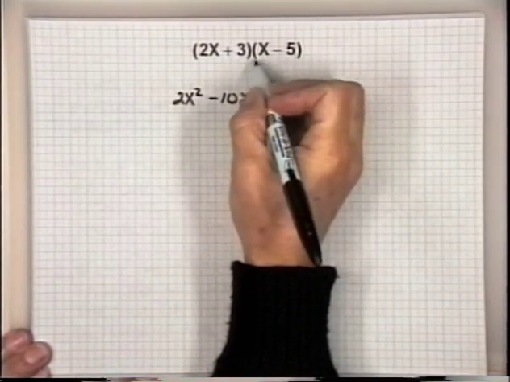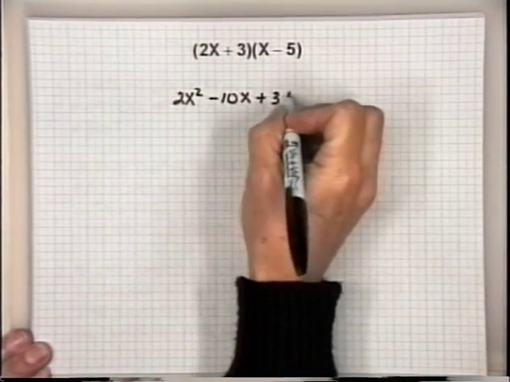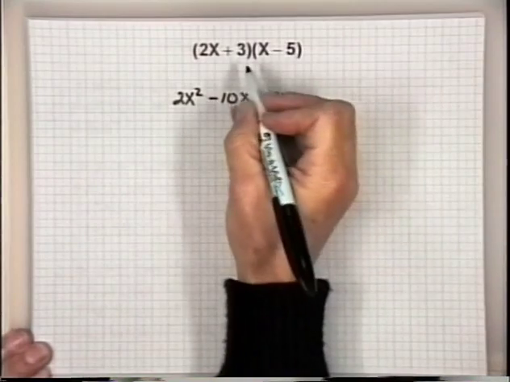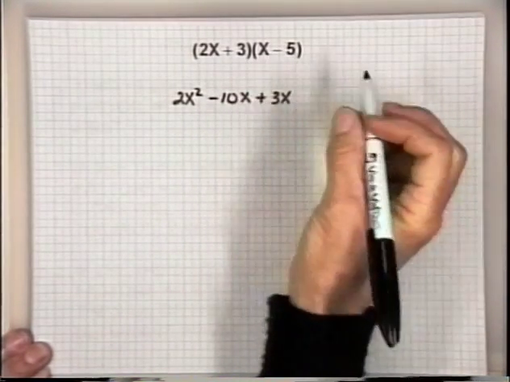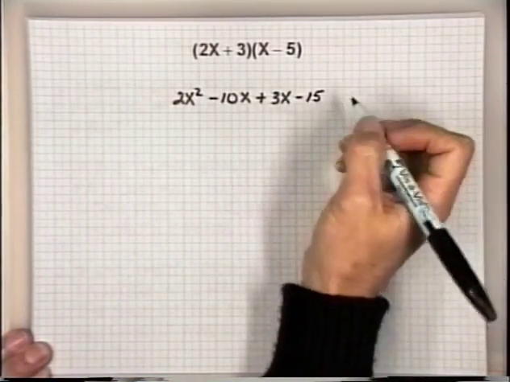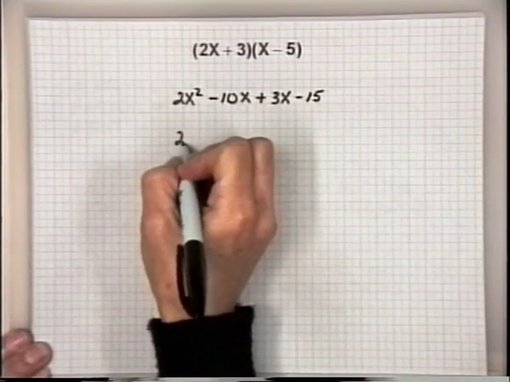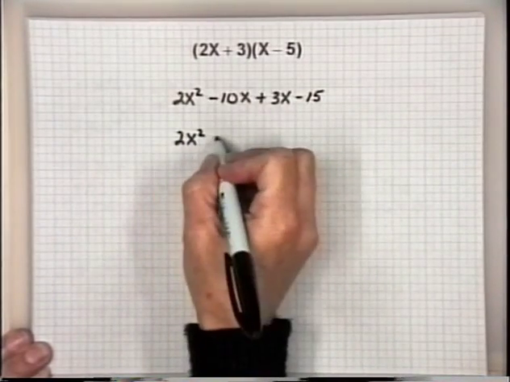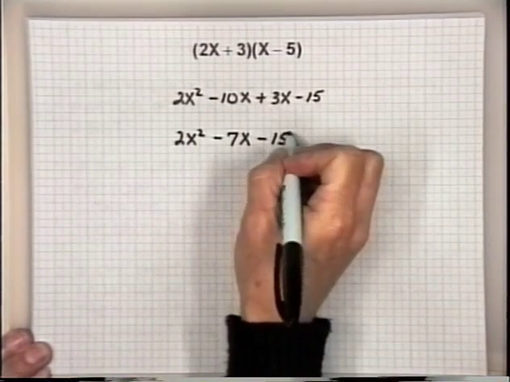For the inside terms, we have a positive 3x. And then L for last terms. Our last terms multiplied together will give us a negative 15 since we have opposite signs. Adding our two middle terms together, we have 2x squared minus 7x minus 15.